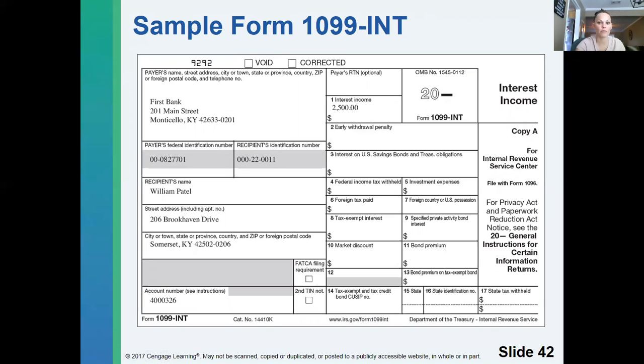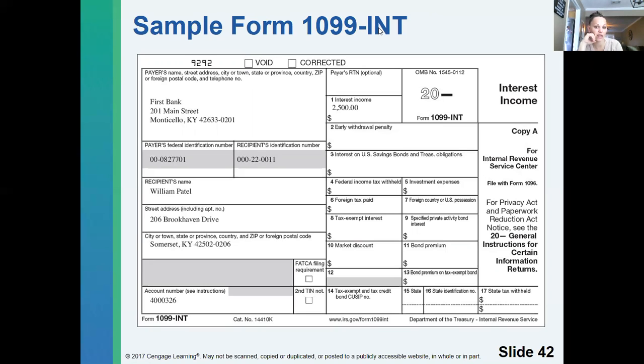This is a sample form 1099. It reports interest income earned during the year that must be included as part of your tax form.